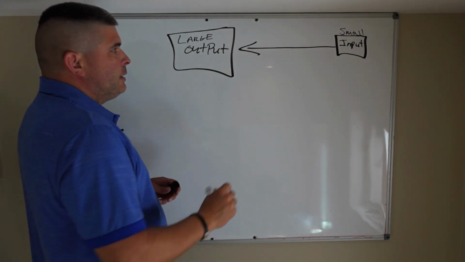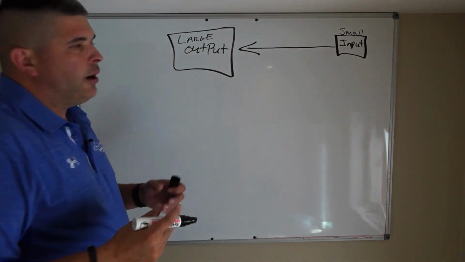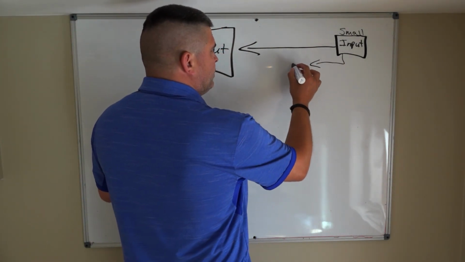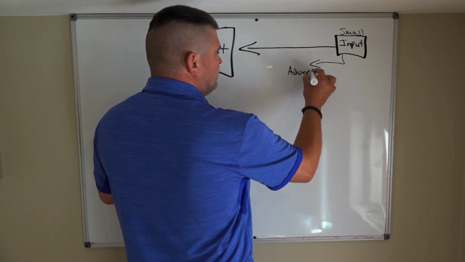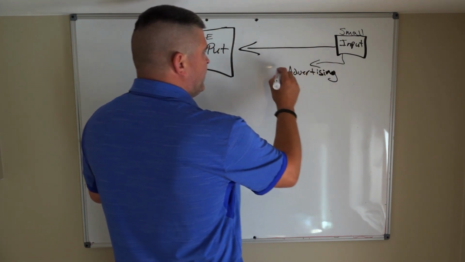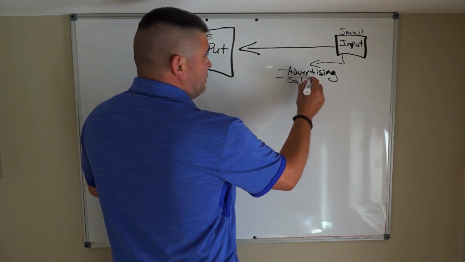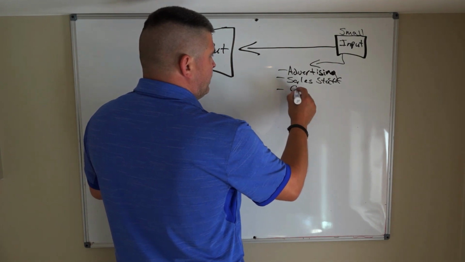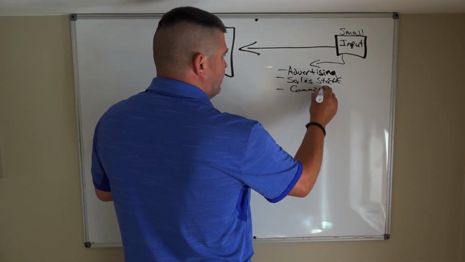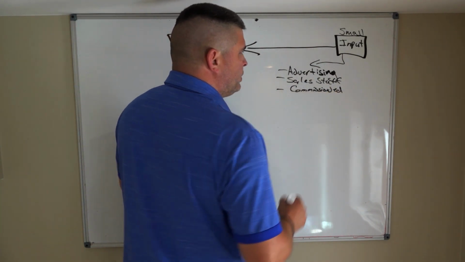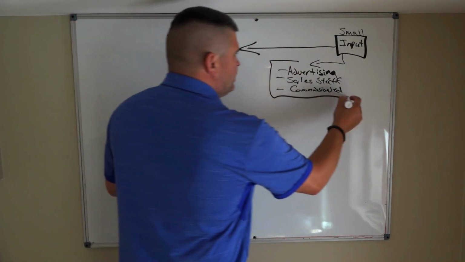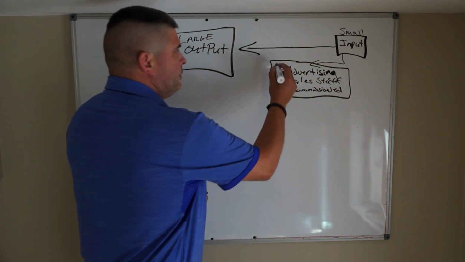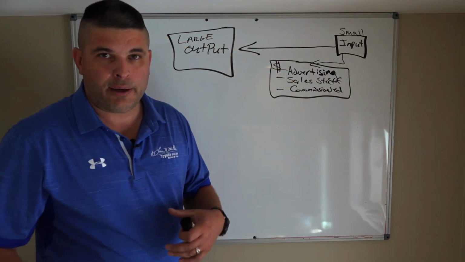These inputs on their own usually could be advertising, it could be sales staff, it could be commissioned folks, because these are all inputs that lead to what? They all lead to money, okay? Those things lead to money.